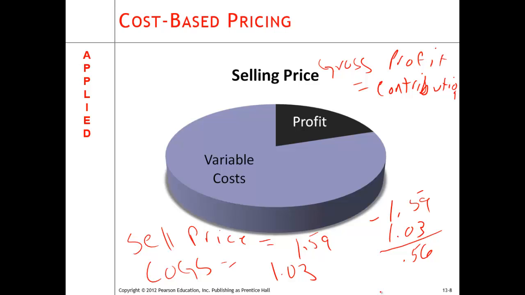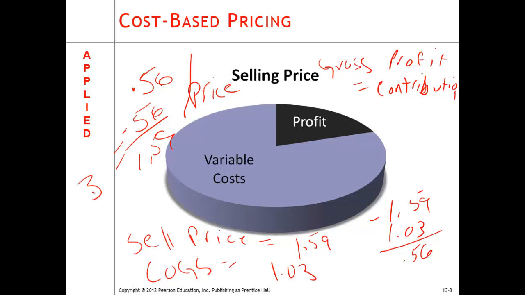We could also look at contribution as a percentage. This is what's known as your contribution margin or your gross profit margin. And we do that by taking the contribution number, in this instance 56 cents, and dividing it by the price. In this instance, it's 56 cents divided by $1.59, which equals 35%.